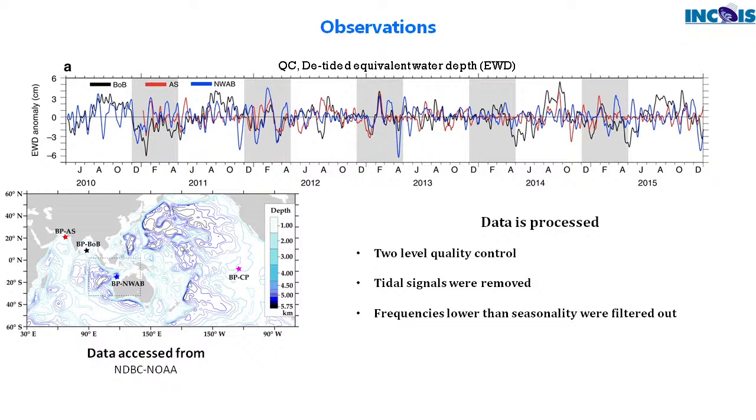That means we have a variability in the bottom pressure, and it is barotropic in nature. Mostly it is barotropic in nature, and the variability seems to be amplified during the winter months. Specifically, you can see it in 11-12, 12-13 and 14-15. The variabilities are too high. It goes up to 4 to 8 centimeters of variability.